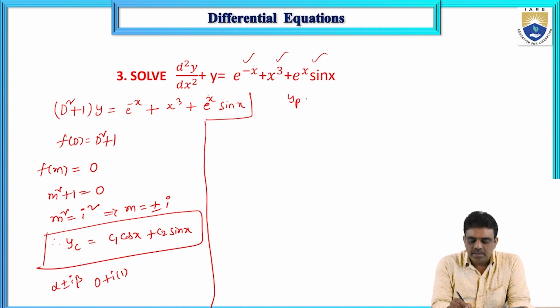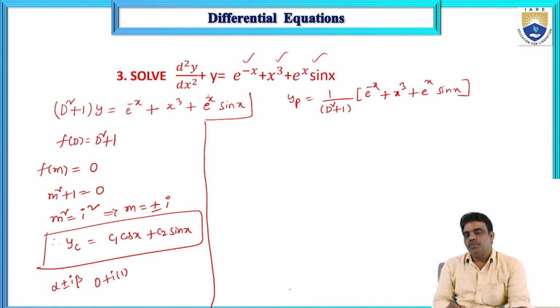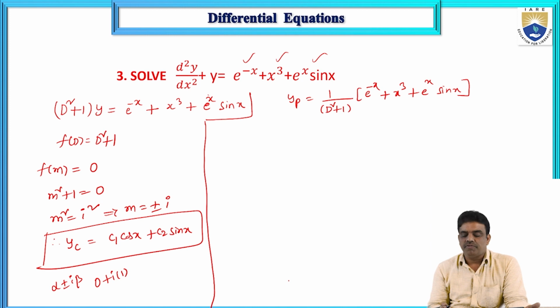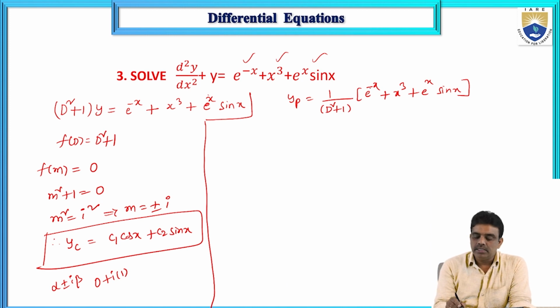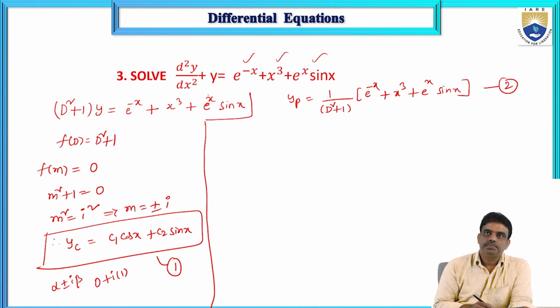What is yp? 1 by D square plus 1 of, here there are 3 terms, e power minus x, x cube plus e power x sin x. So find separately. You can find separately each term operation with 1 by D square plus 1 and add all these 3.